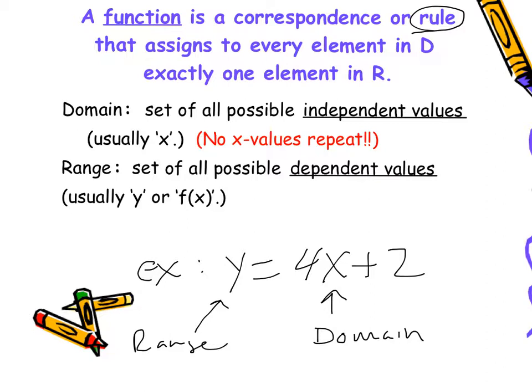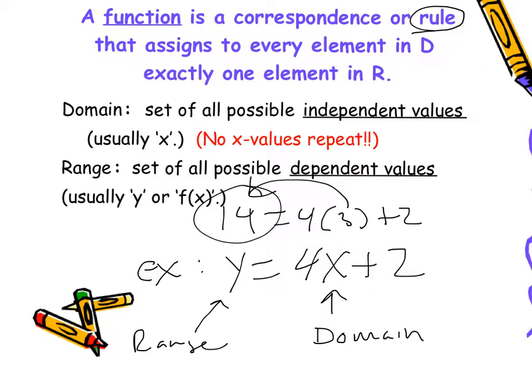Lines are functions because if I were to evaluate x equals 3, I do 4 times 3, which is 12, plus 2, which is 14. So this rule essentially says take your x value, multiply by 4, then add 2, boom, there's your y value. x equals 3 only gets paired to one element in the range, 14.